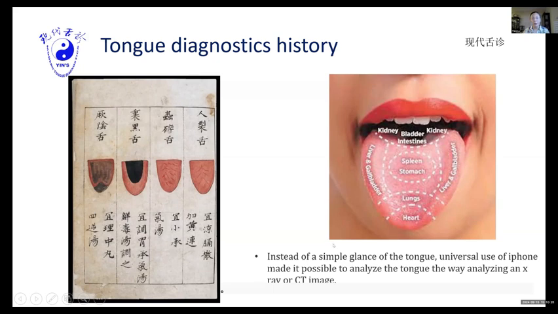With the universal use of iPhone, nowadays we can analyze the same tongue across the world. Like you're in London, you're in China. Here we all can discuss the tongue right away after you take the picture. And nowadays it really makes remote diagnosis very easy.